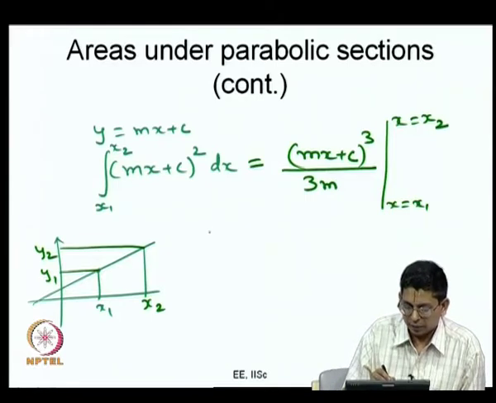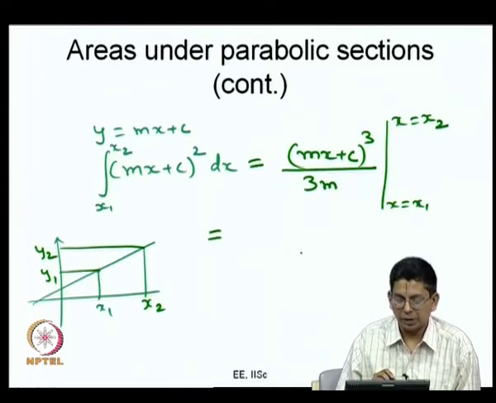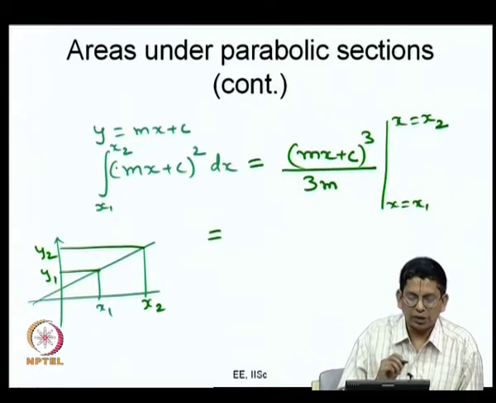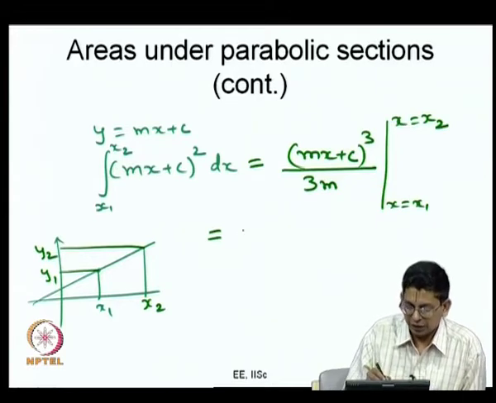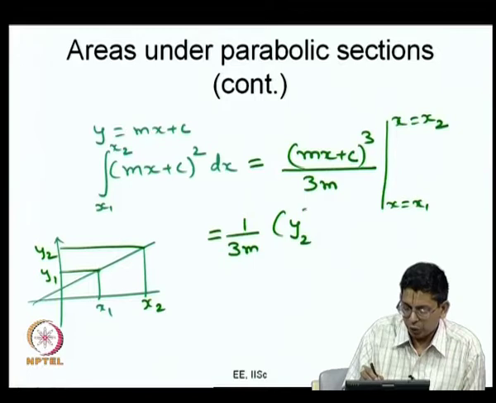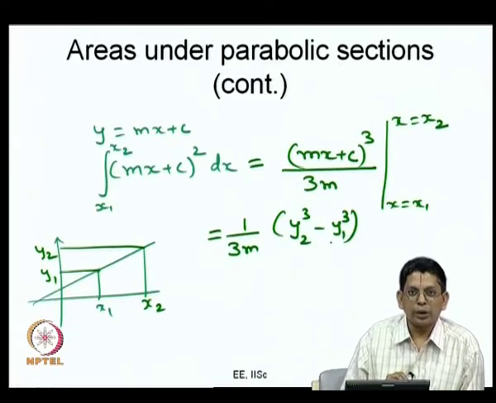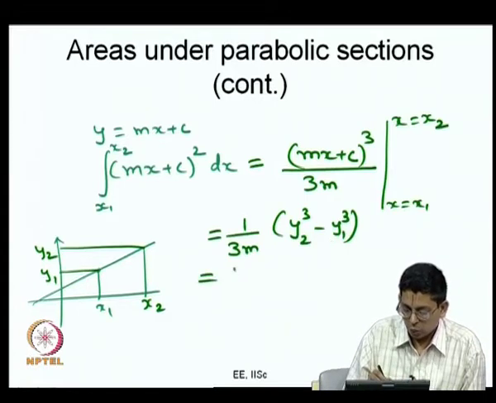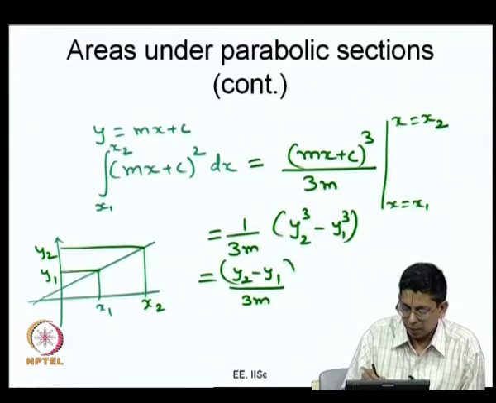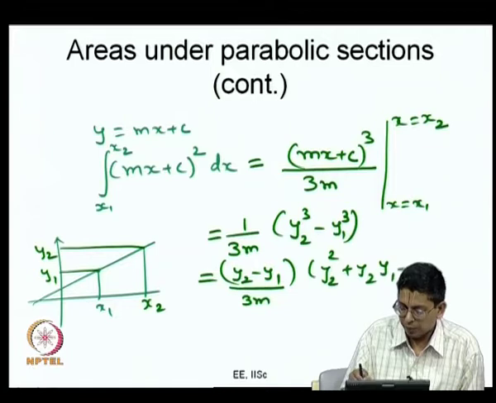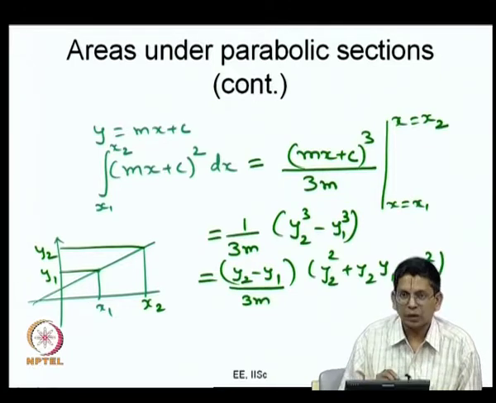At x equals x1 it is y1, and at x2 it is y2. So, effectively it is 1 upon 3m multiplied by (y2 cube minus y1 cube). You can write this as (y2 minus y1) divided by 3m multiplied by (y2 squared plus y2 y1 plus y1 squared).